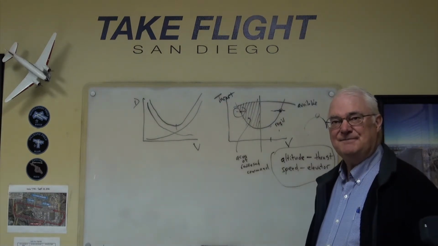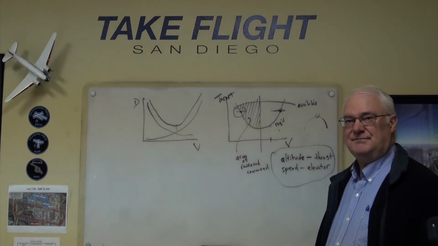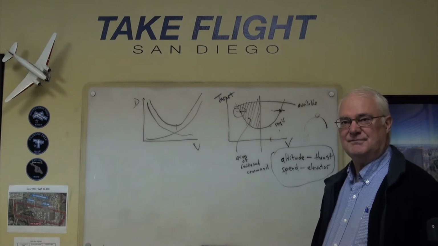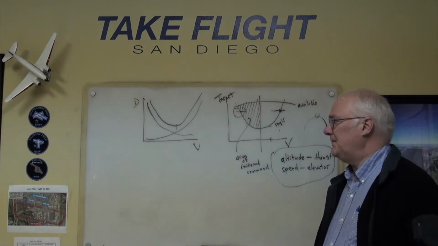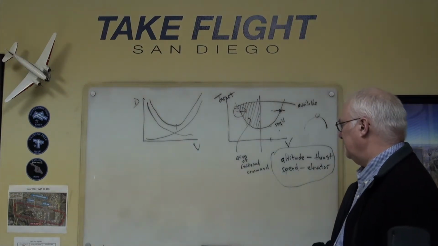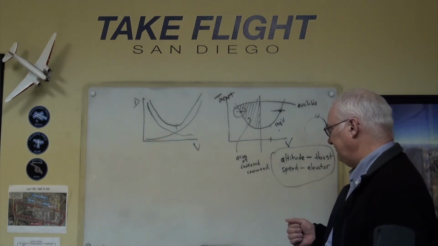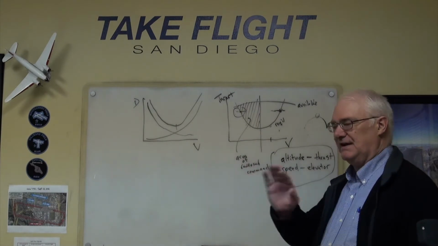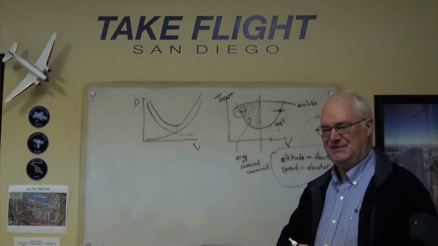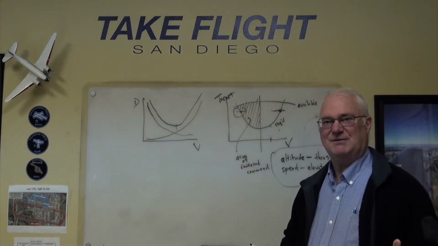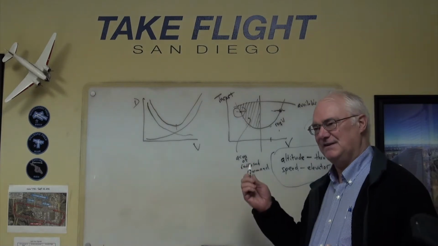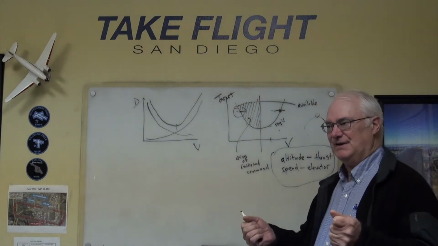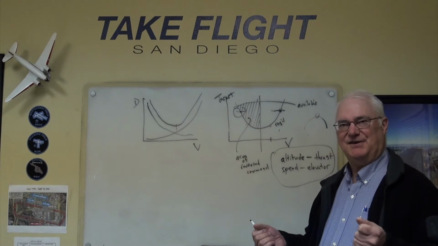What's the reverse part of the region of reverse command? What's it reversing? Well, probably here's the first scenario you'll get into. You're going to be having a little trouble keeping altitude.